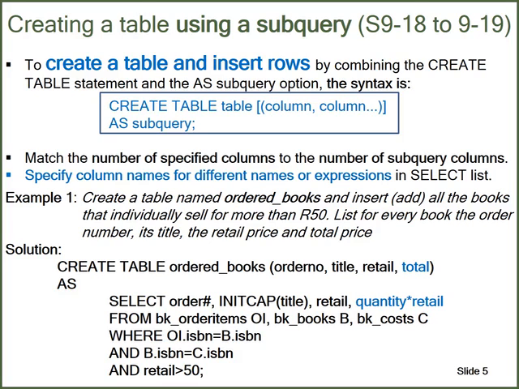So therefore we have to specify in brackets the column names: order#, title, retail and total, AS the keyword, and then your subquery: SELECT order#, UPPER of the title, retail, quantity times retail, FROM BK_ORDER_ITEMS, BK_BOOKS, BK_COSTS, WHERE O.ISBN = B.ISBN, and B.ISBN = C.ISBN, and retail is greater than 50.